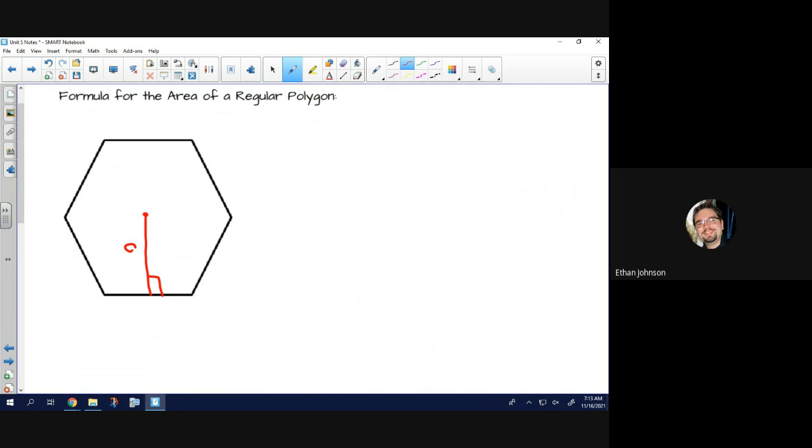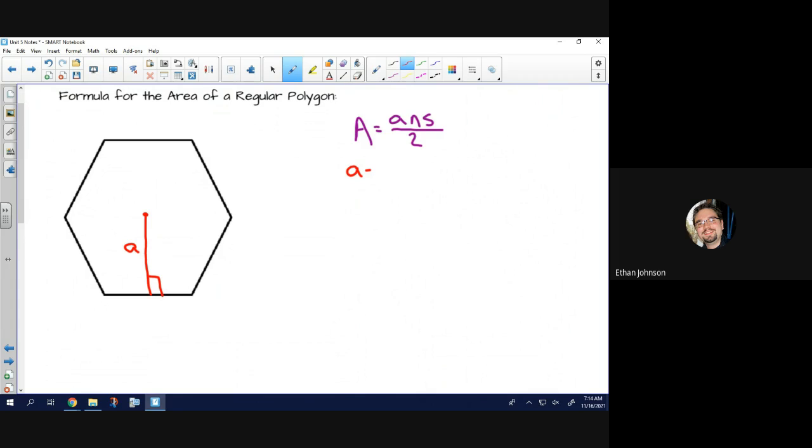This is our A. The formula for area of a regular polygon, so capital A is area, equals A N S divided by 2.